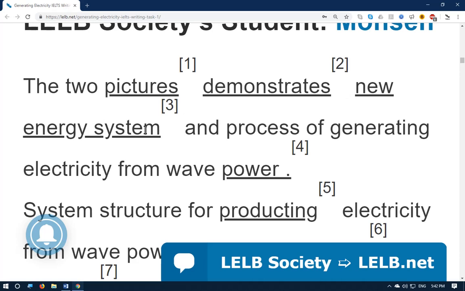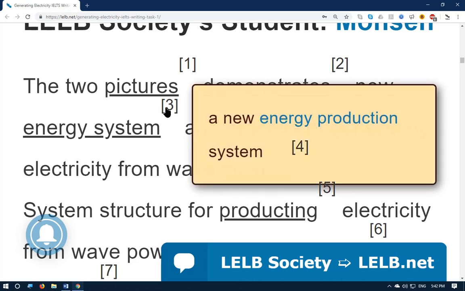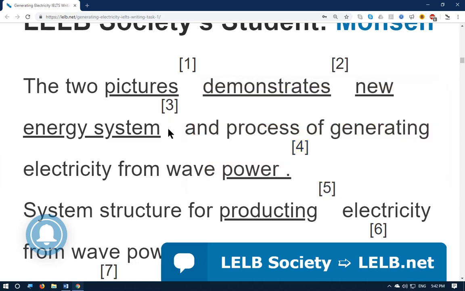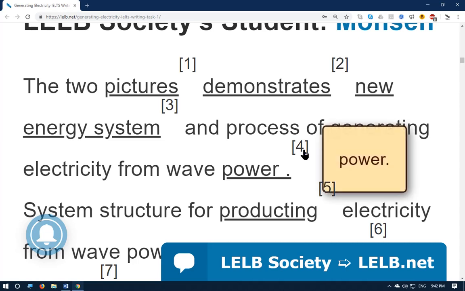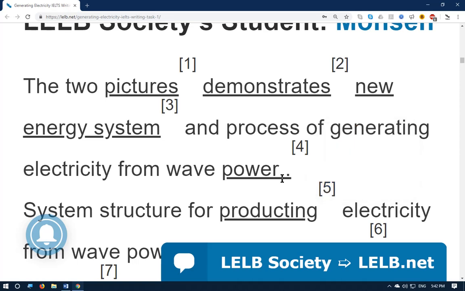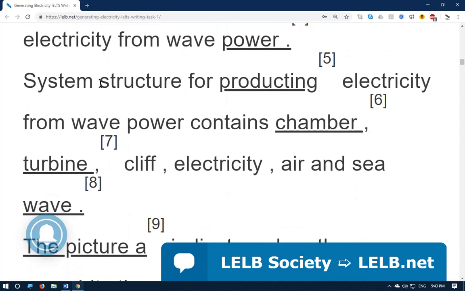New energy system, a new energy production system, or generating or generation system, and process of generating electricity from wave power, and a punctuation mistake: wave power without any space, full period. There should not be any space between period and power.